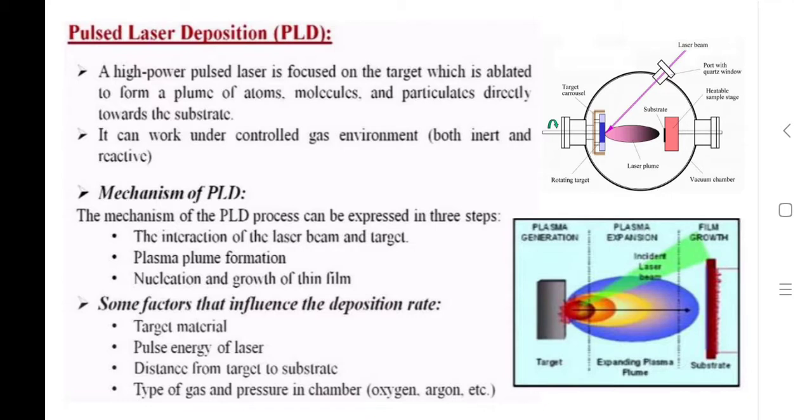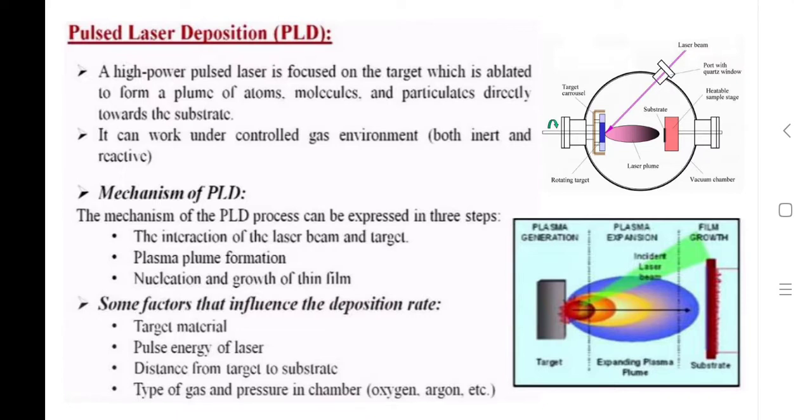So till now we have been discussing different types of heating elements, maybe an electrical coil, or a certain kind of laser, or an electron beam. Here we put the laser beam directly onto the target itself, then it creates a certain kind of plasma. That plasma is directly deposited onto your substrate material, so that is why it is called pulsed laser deposition.